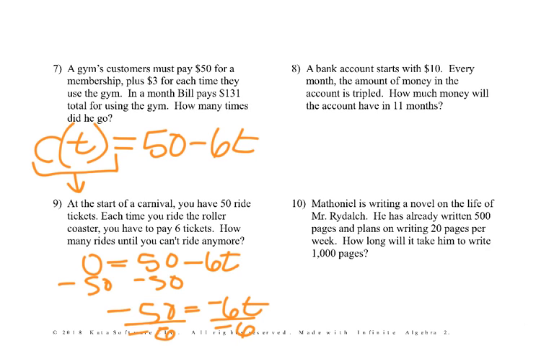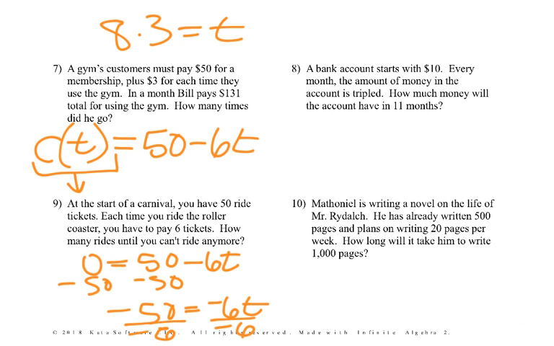And negative over negative is positive, so 50 divided by 6 would equal 8.3, would equal t. So basically what that means is, if I went 8 times 6, that's 48 tickets. So I would have 2 tickets left over, but I'd be able to ride 8 times.